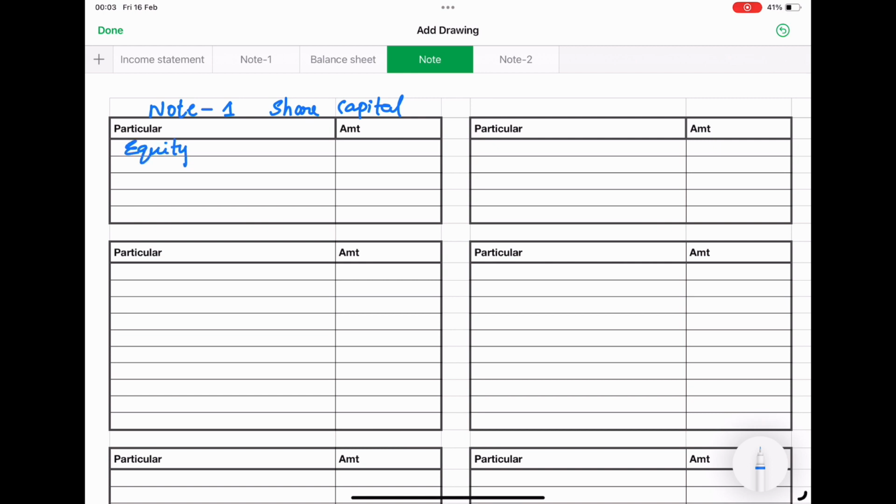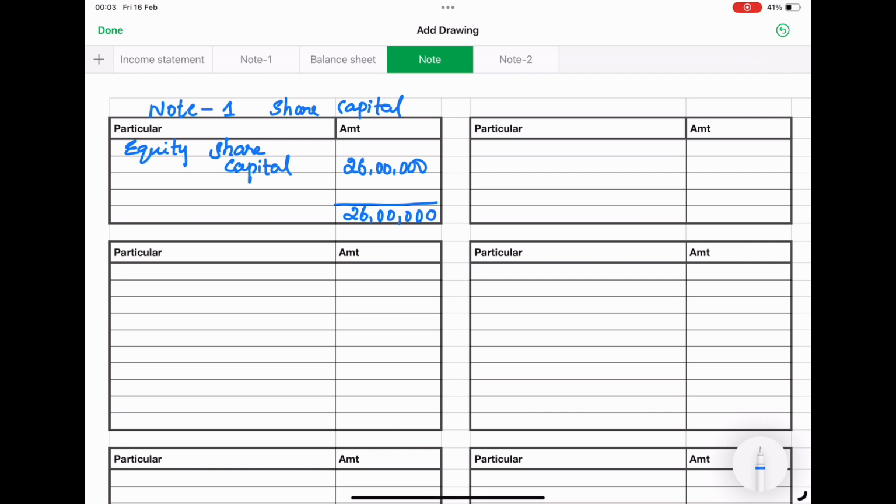First we have to solve all the note numbers, then only we can easily fill the balance sheet. So equity share capital they have given 26 lakh, so total 26 lakh. No adjustment, no additional adding or deleting anything, we just simply write it.